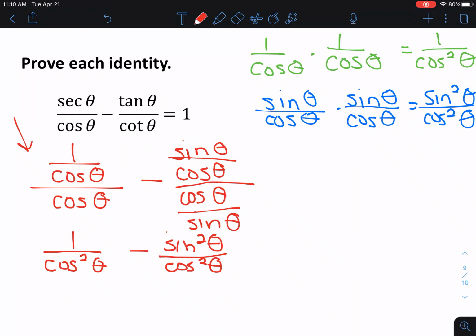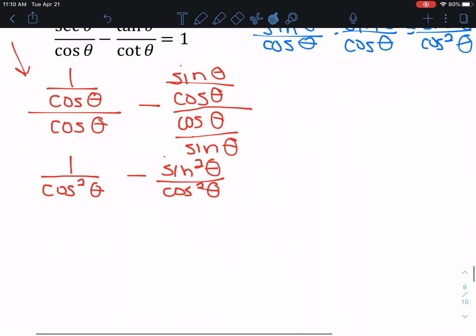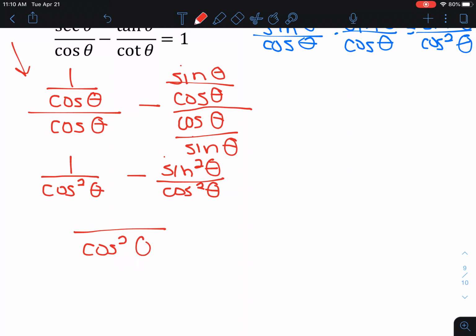Okay, so now I have a similar thing here where the denominators are both cosine squared theta. So I can rewrite this as, on the bottom, cosine squared theta. The top will now be 1 minus sine squared theta.